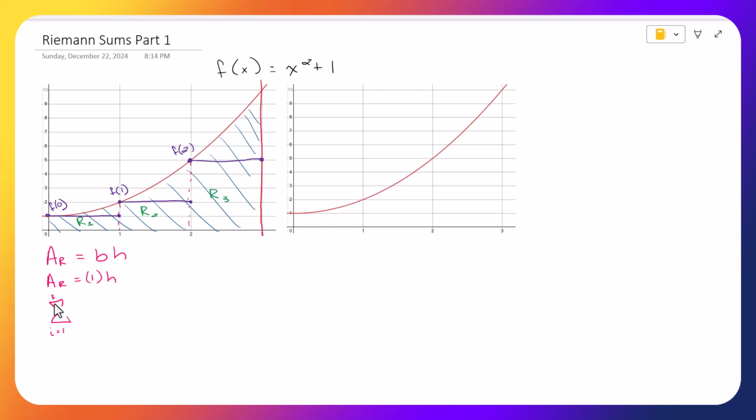We're adding 3 things here. That's what this is saying. And we are adding our base times our height, which we're going to replace now with f of x sub i.